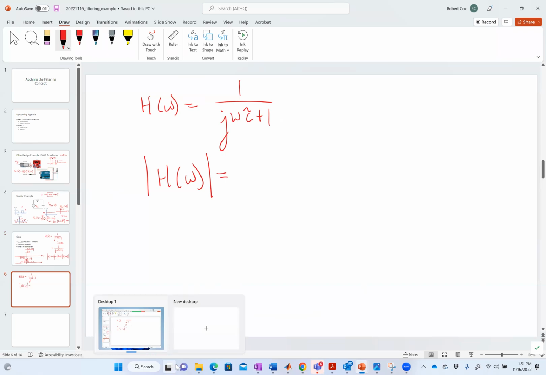Yep. So it's 1 over the magnitude of j omega tau plus 1. So that becomes 1 over square root of what? Omega squared tau squared plus 1 squared. Do I square the j? No. All right, I squared the imaginary part of it.